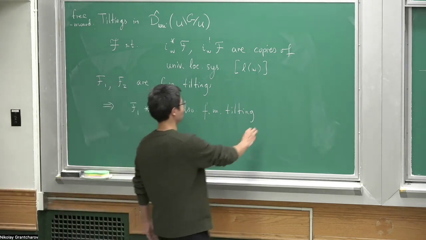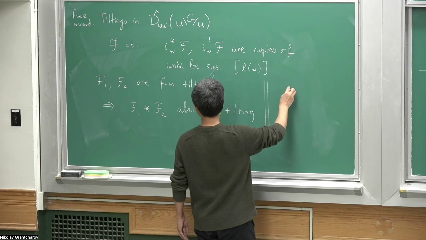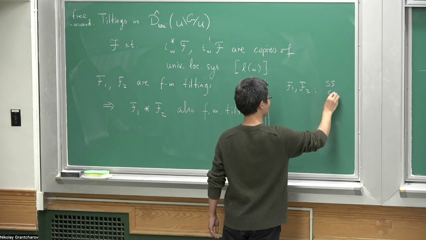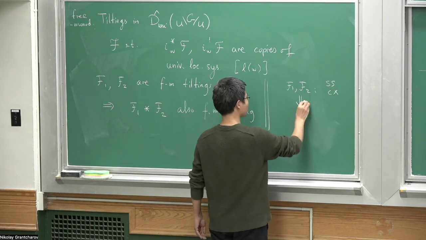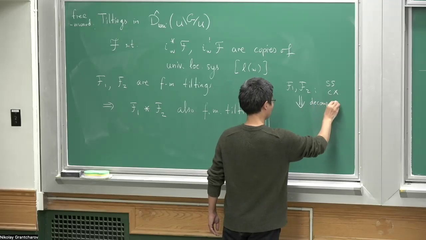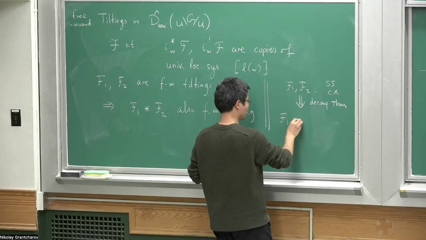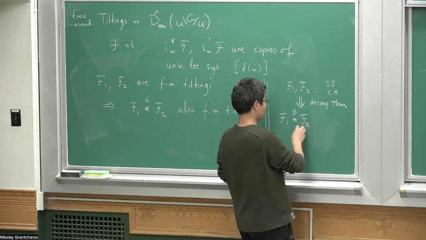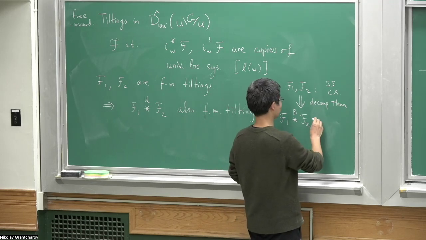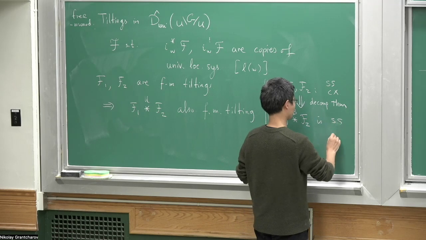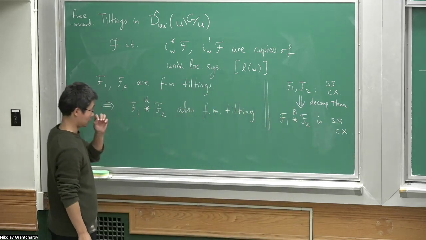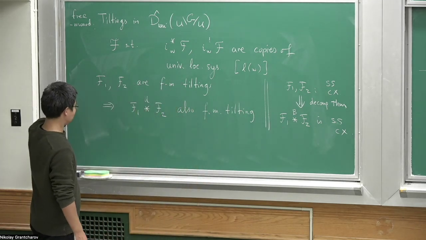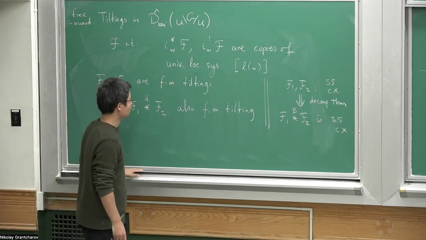This is parallel to the statement that if I have two semi-simple complexes, then by the decomposition theorem, their convolution, so this is the B convolution, here it's the U convolution, is still a semi-simple complex, a direct sum of shifted simple perverse sheaves. Here, this is the version for tilting sheaves.